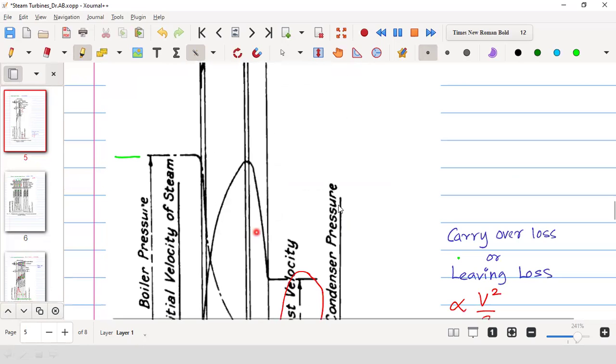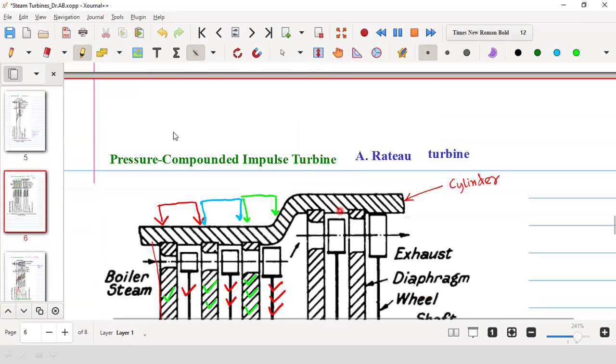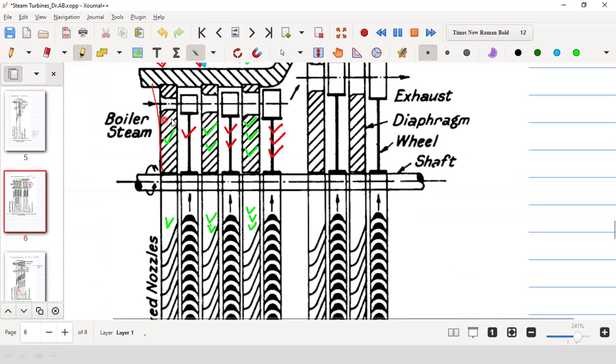Then you have the pressure compounded turbine. Here you have diaphragms. On the diaphragms, there are nozzles. So in each stage, there is a nozzle. One diaphragm is separating one stage. This diaphragm and this diaphragm are holding the wheel, so the steam is completely separated.